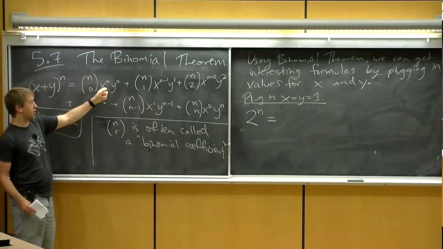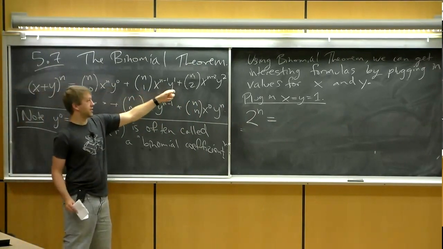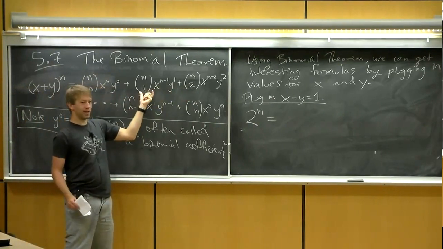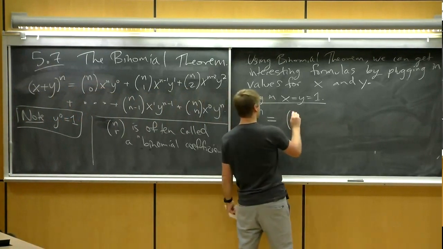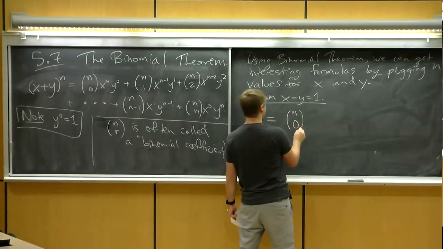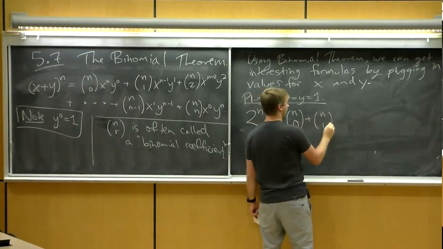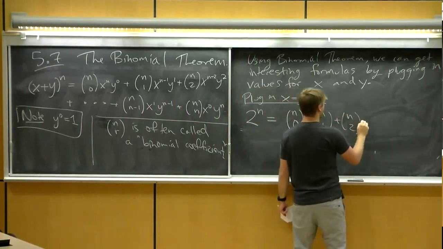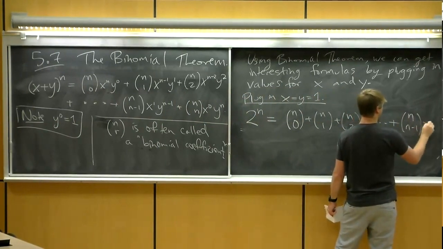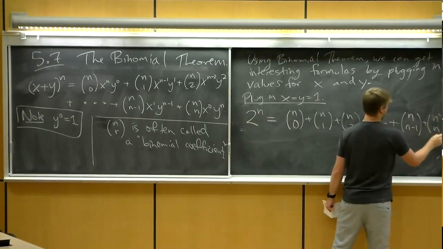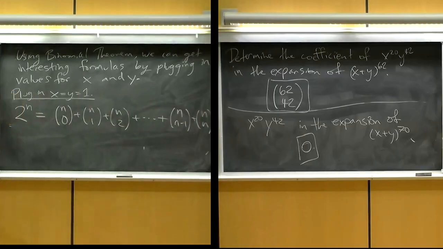So all these terms are just binomial coefficients times 1 times 1. That tells us that 2 to the n is equal to n choose 0 plus n choose 1 plus n choose 2 plus dot, dot, dot, all the way to n choose n.